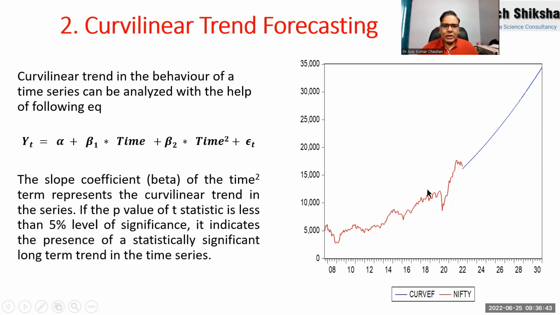So beta 2 will tell you what is the nature of the curve. In case of positive beta, the curve will come like this. In case of negative beta, the curve will move like this. And whether it is significant or not, it will tell you whether the curvilinear trend is significant or not. So we will do the curvilinear trend forecasting also.